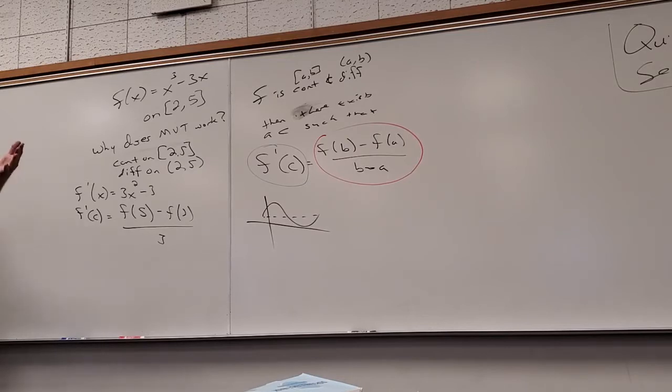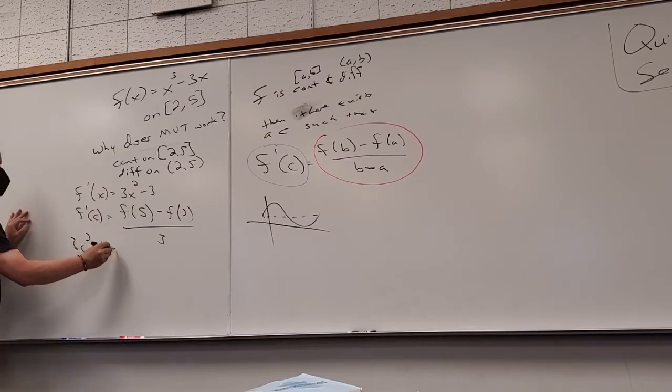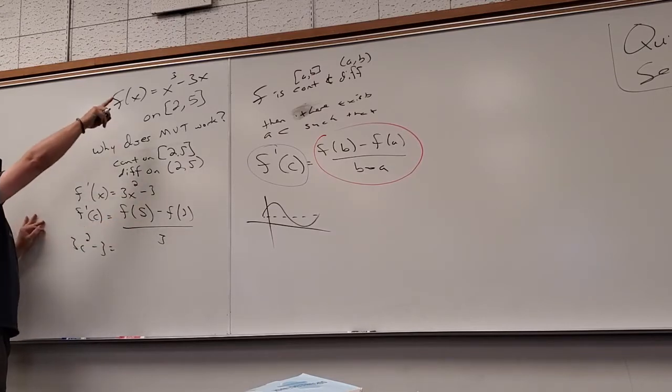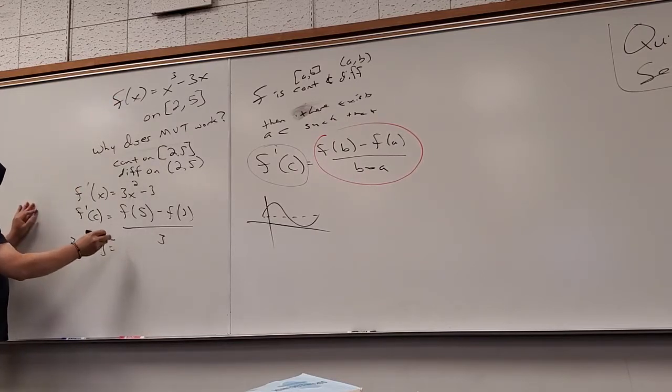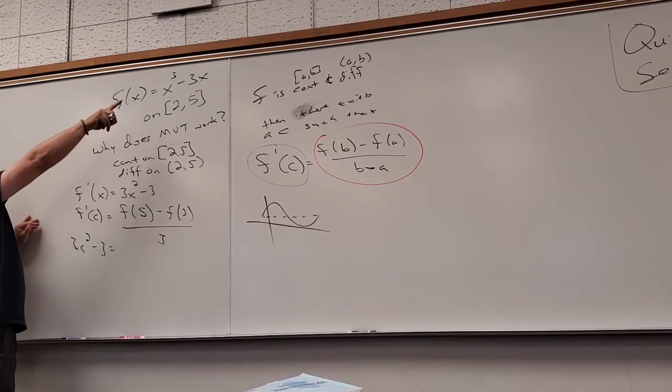I'm just plugging stuff in, right? I know what a is, I know what b is, I know the idea, I just throw stuff in. What is f prime of c? Well, it's just 3c squared plus 3. What's f of 5? So 125 minus 15, right?